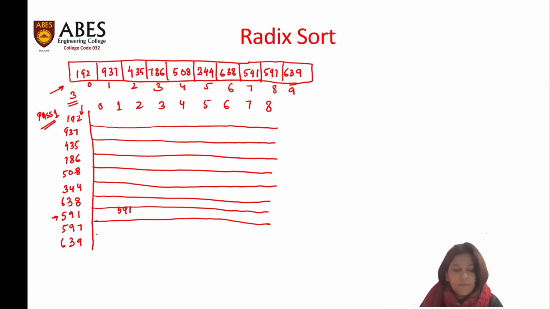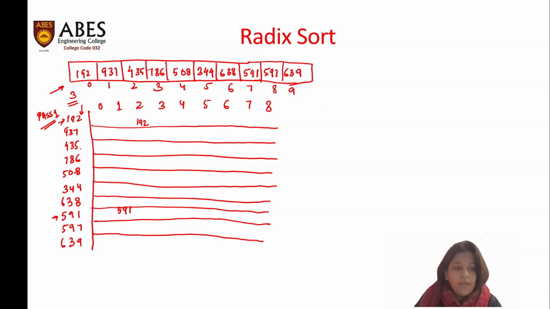Right, so this is 591. Now we will check whether we have any number in which we have 2 at the ones place. So yes, we have 192 here. In the next column, we will write here 192.